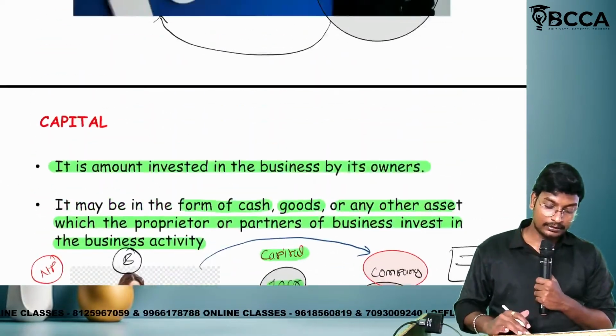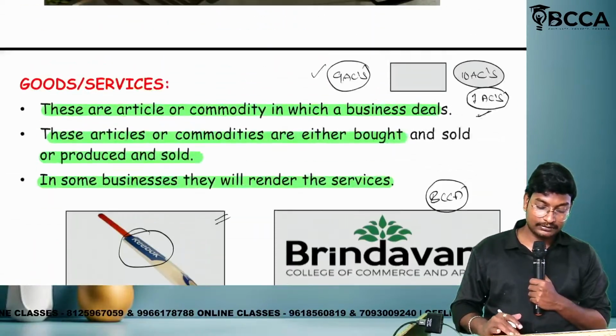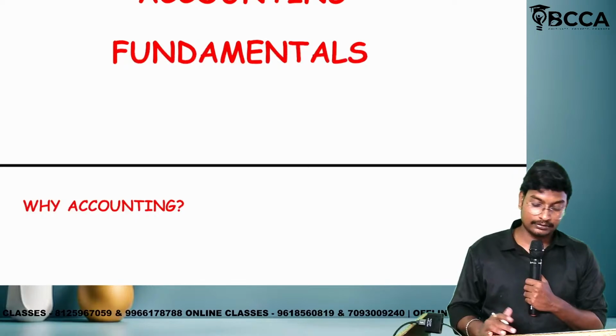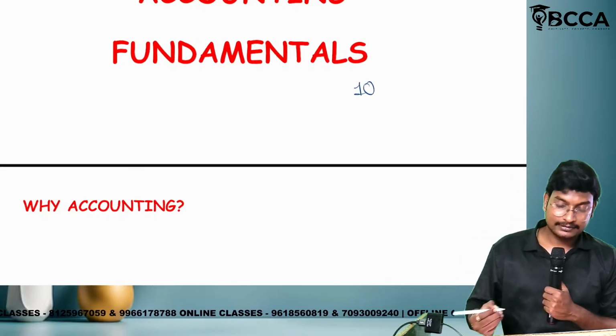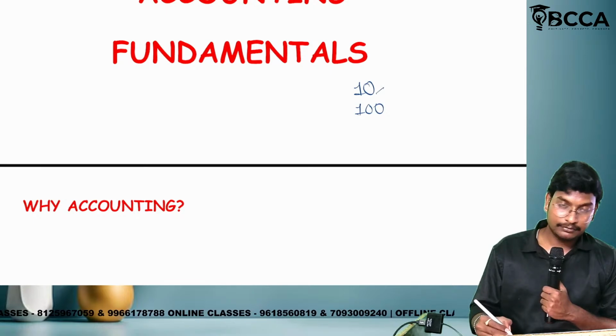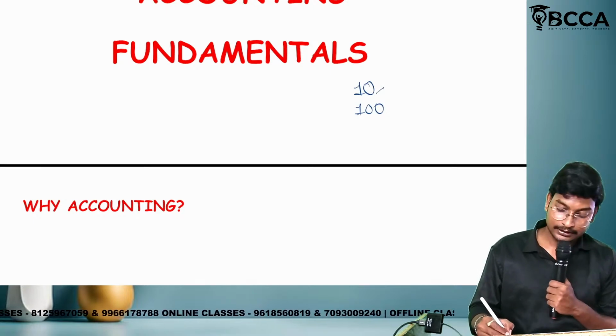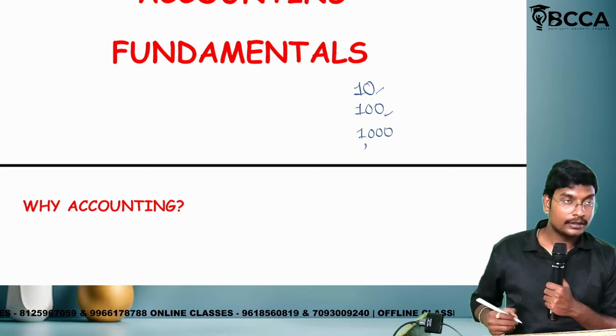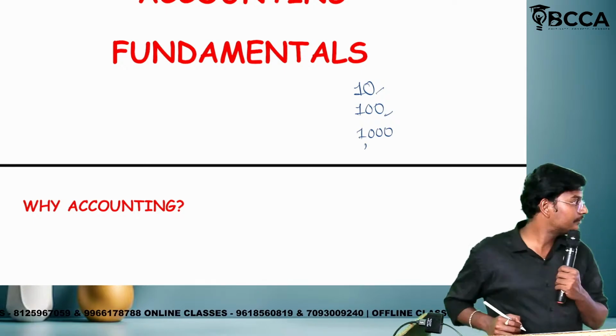Drawings. So I will repeat these amounts once again, because some people don't know the numbers. This is called 10. This is called 100. If there is only one zero, it is 10 rupees. Two zeros means 100. Three zeros means 1000. From three zeros we keep the comma.